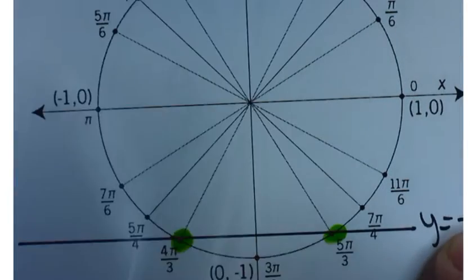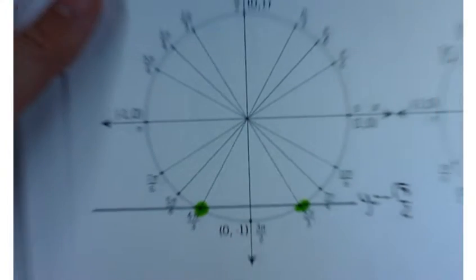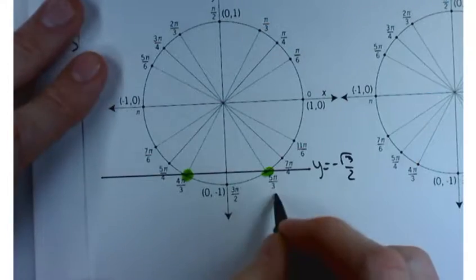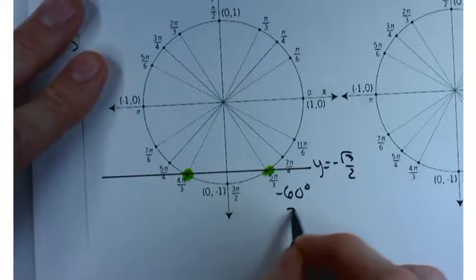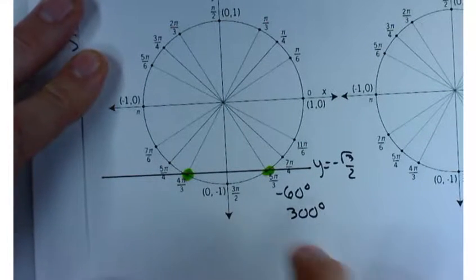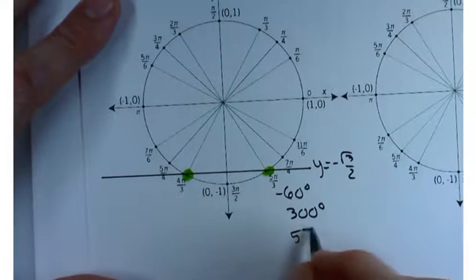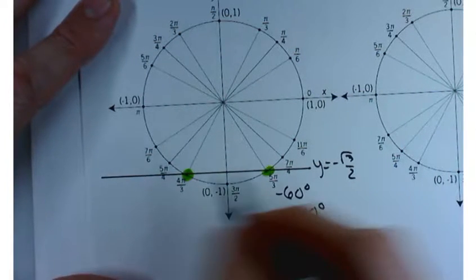So that's one of these angles. I've got to do a little bit of work here. That's negative 60 degrees, which is positive 300 degrees. What is it in terms of radians? 5 pi over 3. So 5 pi over 3 is one of our angles.